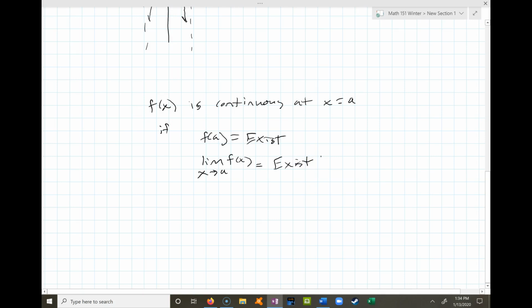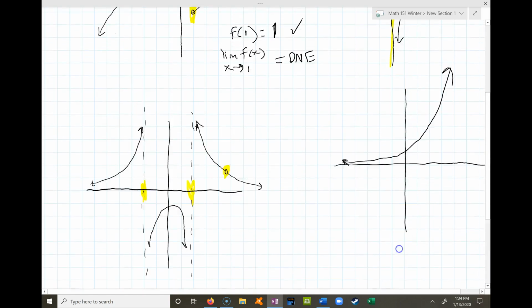And then finally, last but not least, they have to be equal to each other. So the limit of f of x as x approaches a must be equal to f of a. So it's a three-part definition. It has to meet all three criteria in order to be continuous at that point.